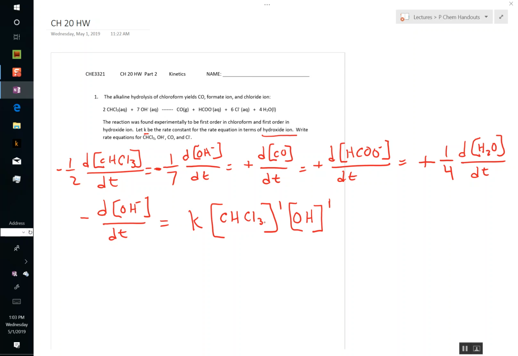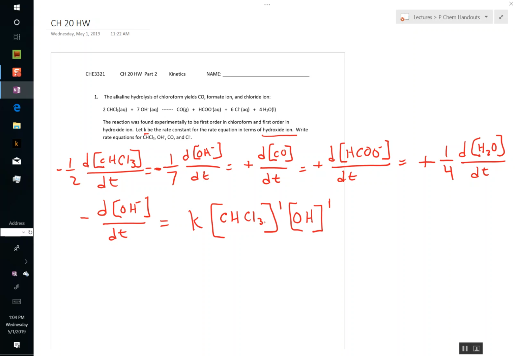Is that directly related to the d[OH]/dt? Yes, it is first order in chloroform and first order in hydroxide. It's first order in two reactants, so it's second order overall. Those things are going to govern the rate equation.